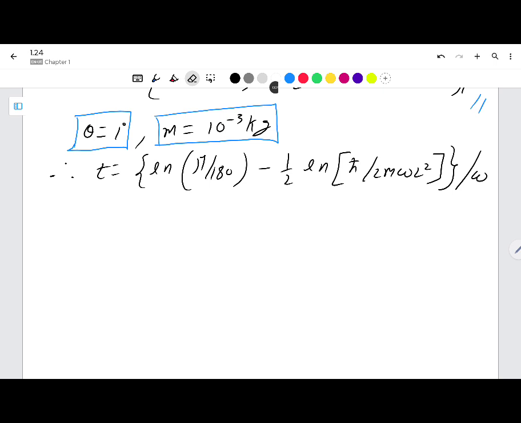So when you plug in all these numbers, you will find that it comes out to roughly around this, which is roughly 1 second.